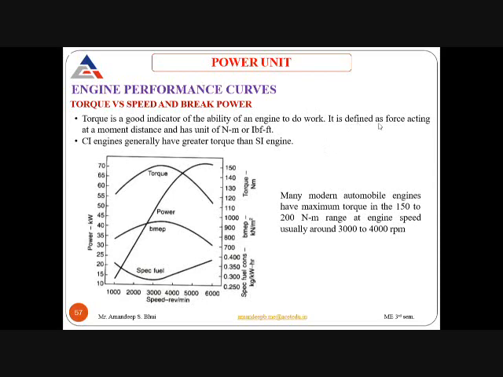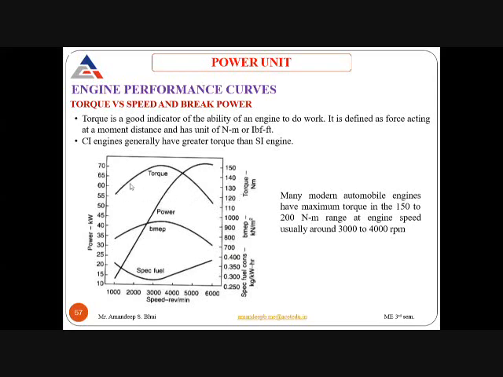Torque is defined as the force acting at a moment distance, and has its units as Newton meter. Many modern automobile engines have the maximum torque in the range of 150 to 200 Newton meter within the speed range of 3000 to 4000 RPM. Now in this graph, for this particular type of vehicle, at 1000 RPM the torque is around 120 Newton meter.